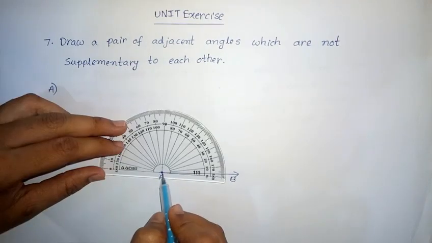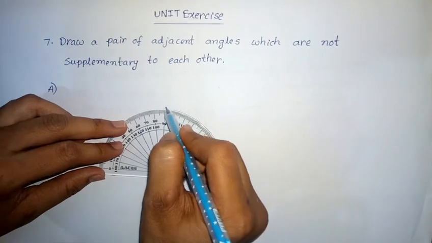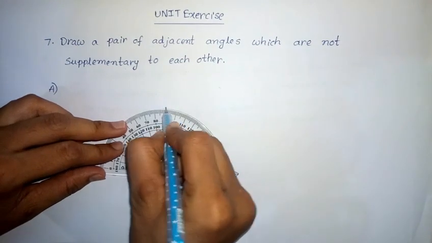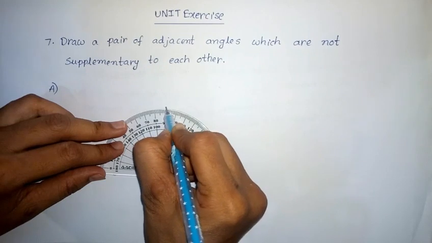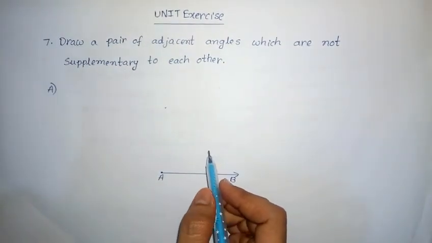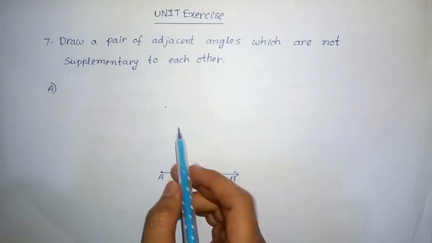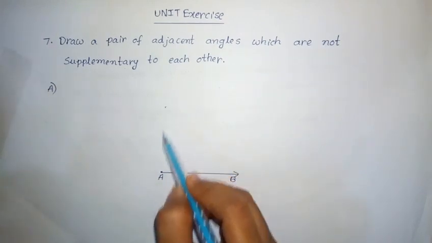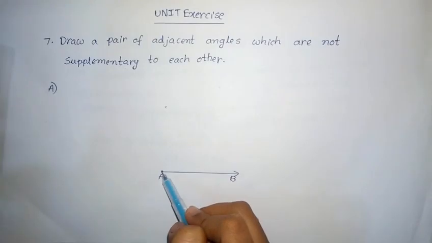Now I am placing the protractor exactly in the middle at point A. So this point is 90 degrees. I am locating here. So this is 90 degrees. So join this point from point A by using a scale.